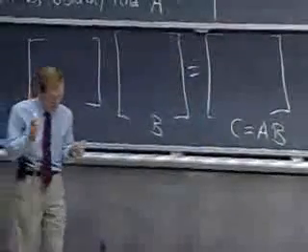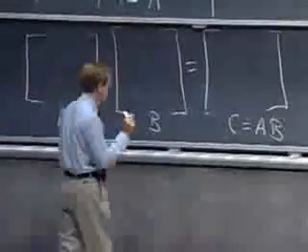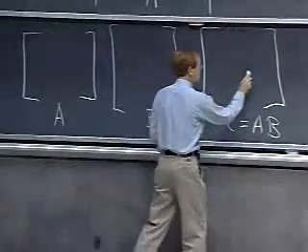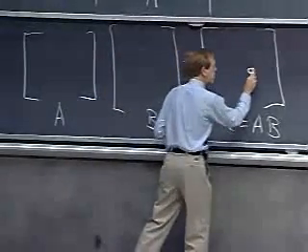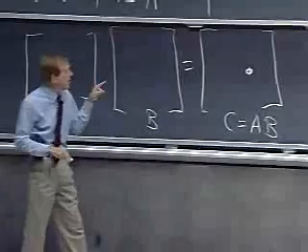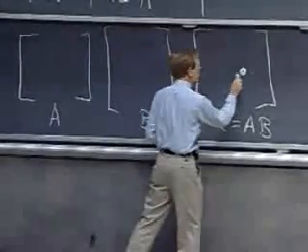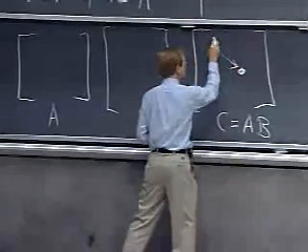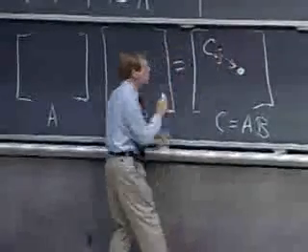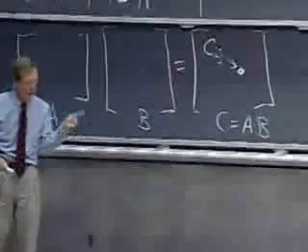Let me just review the rule for this entry. That's the entry in row i and column j, so that's the ij entry. Right there is C_ij. We always write the row number and then the column number.